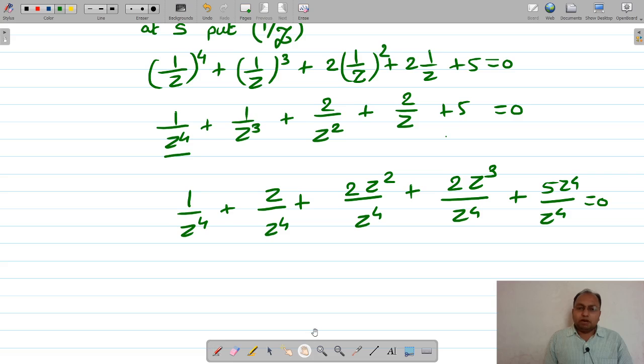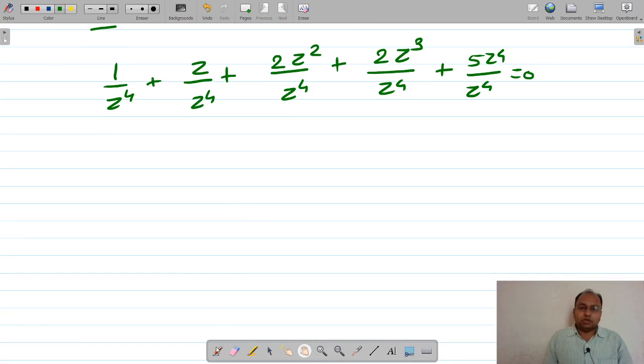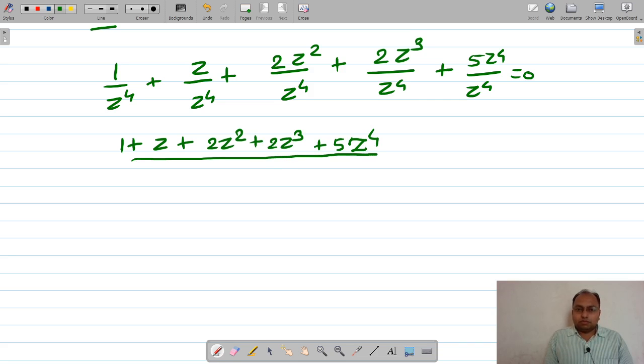Now the denominator is the same, so I can add the numerator values. This is my new polynomial equation. Now transfer this z raised to 4 to the right hand side, and since it is multiplied with 0, it becomes 0.